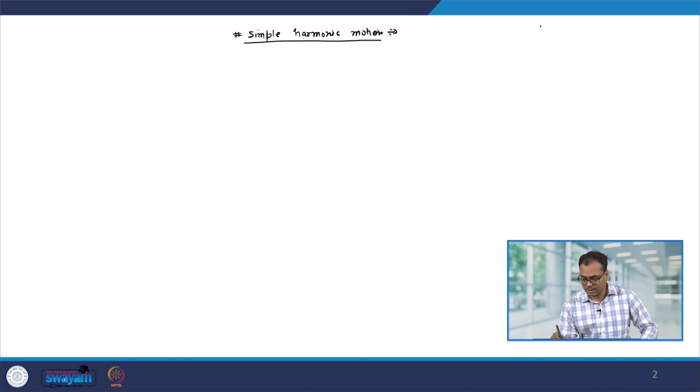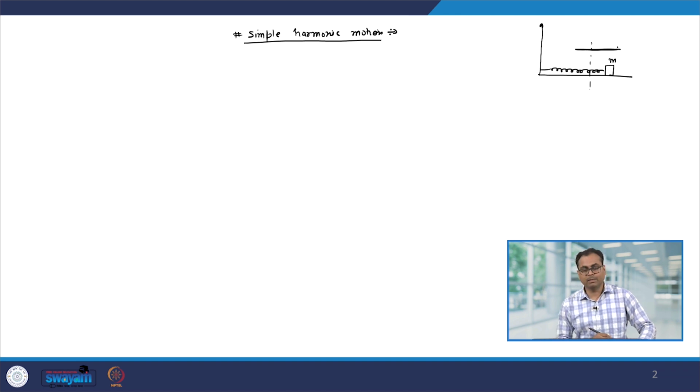In general, we have a mass which is attached to a spring, and to set up the motion you displace it by applying a force F, and then the mass m makes an oscillatory motion about the equilibrium position.